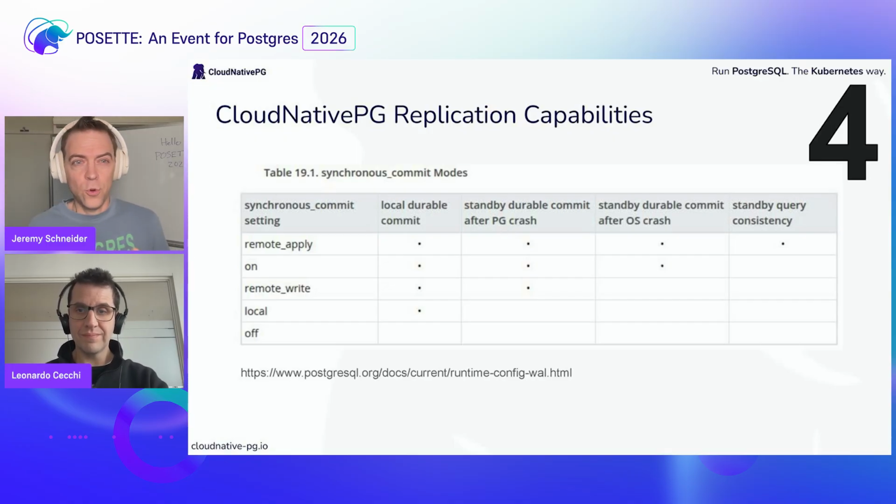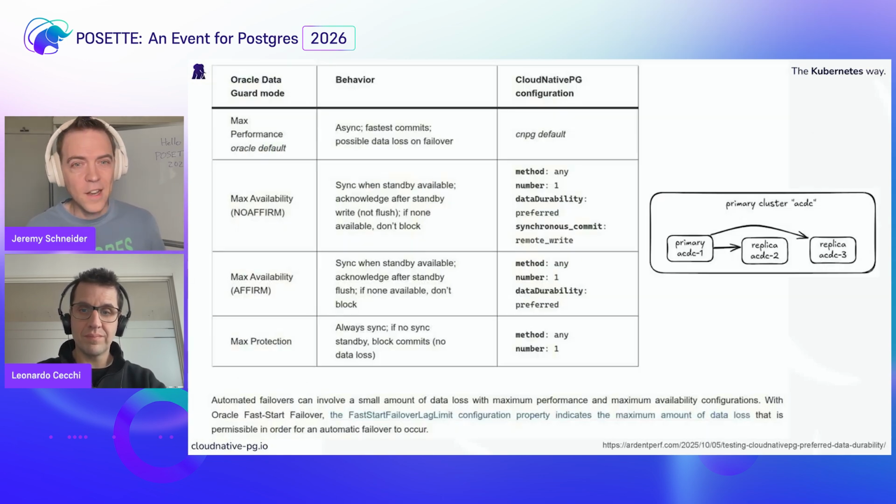Now, once we have these 4 tools in our tool belt and we understand these 4 fundamental concepts, we can talk about all those trade-offs that I mentioned earlier. I'm going to take some terminology from Oracle because I think it's really great terminology. Oracle came up with this a long time ago, Oracle Data Guard.